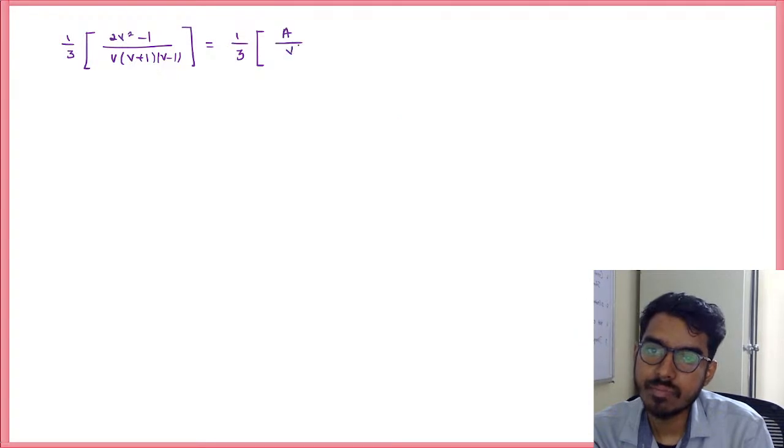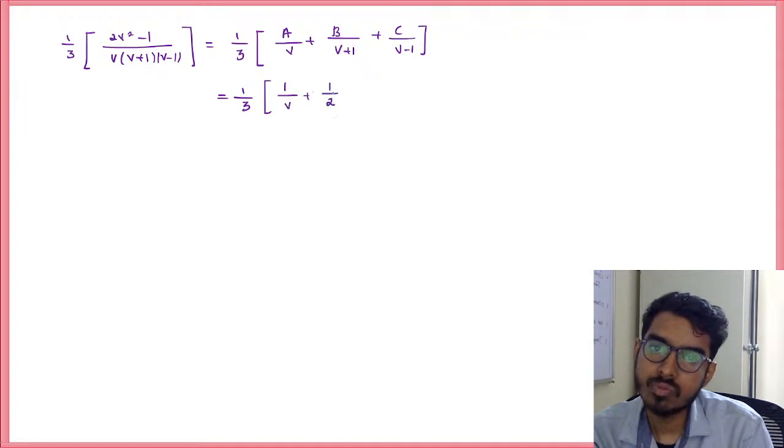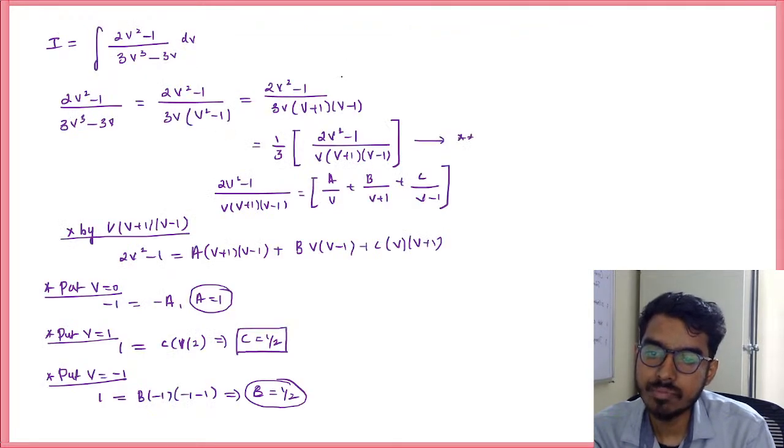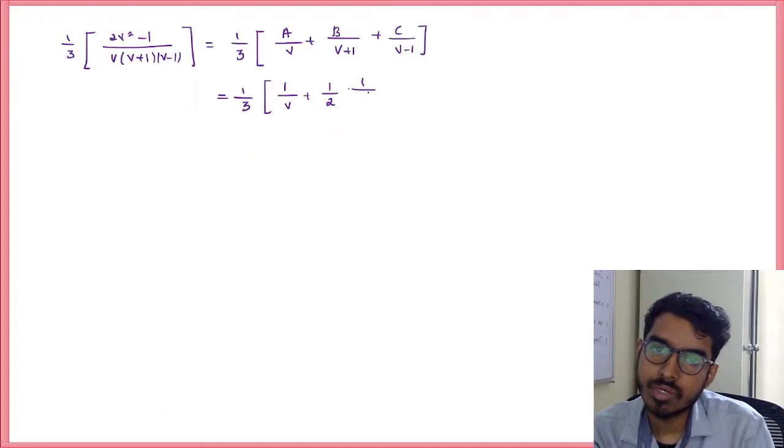plus b by (v + 1) plus c by (v − 1). 1 by 3, a is 1 by v, b is 1 by 2, right? So 1 by 2 into 1 by (v + 1) plus 1 by 2 into 1 by (v − 1).